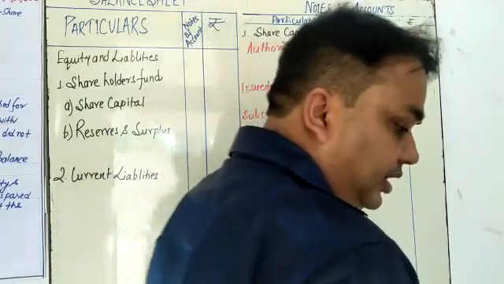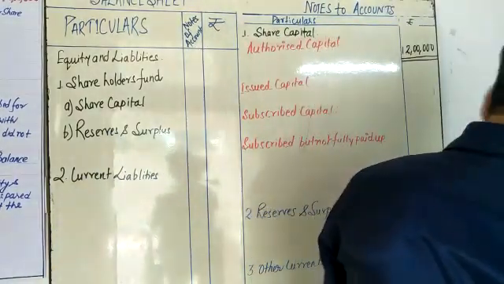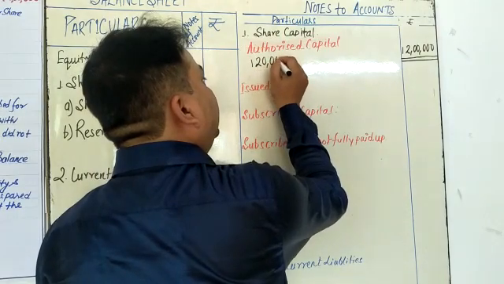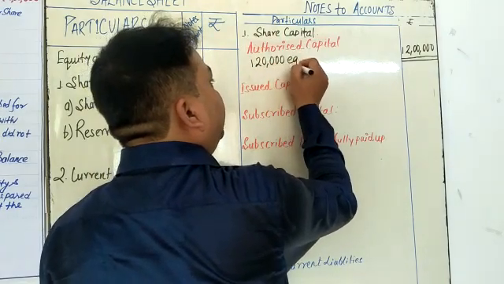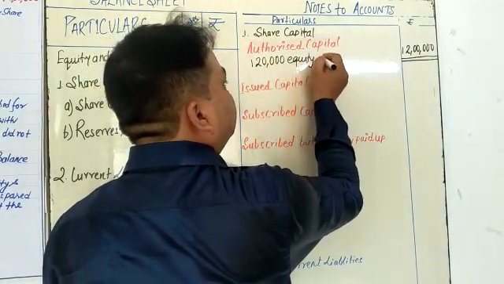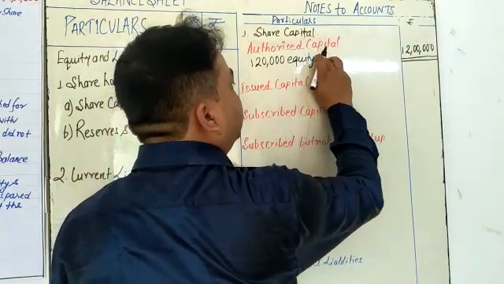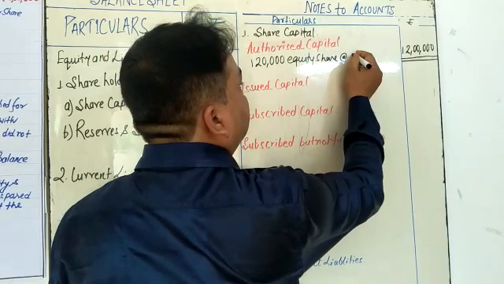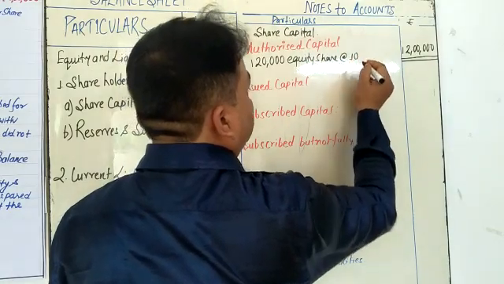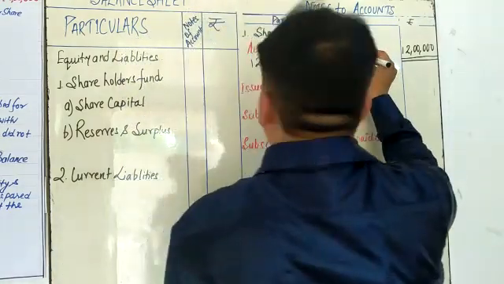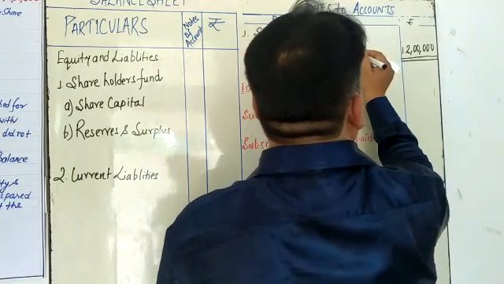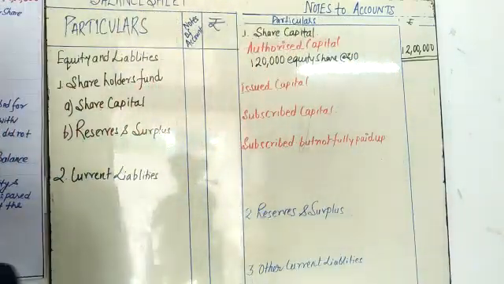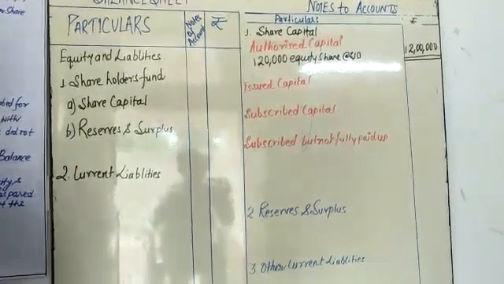Simple, 1,20,000 equity shares at the rate of 10 rupees each. That is the authorized capital given in this question.